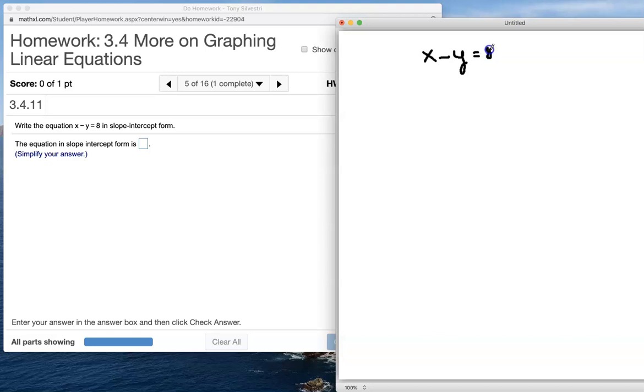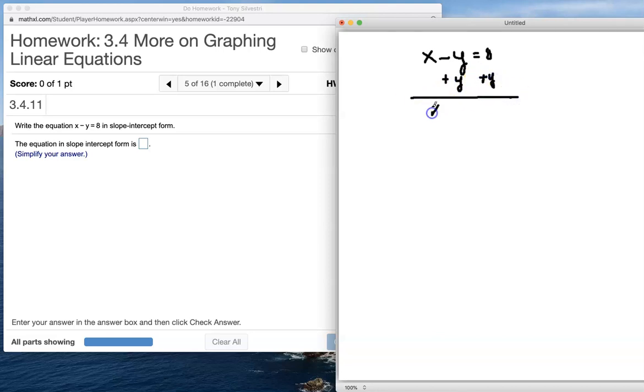Right now, it's very difficult to tell by looking at this equation what the slope is and what the y-intercept is. So you need to move terms around so that you have a y equals. I see a negative y here. I really want a positive y, so let me add y to both sides.